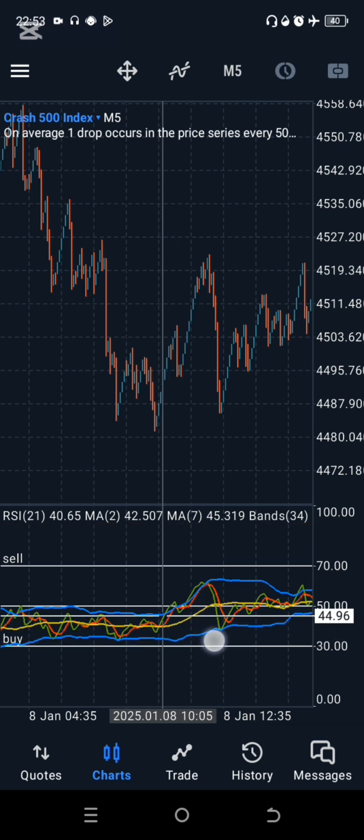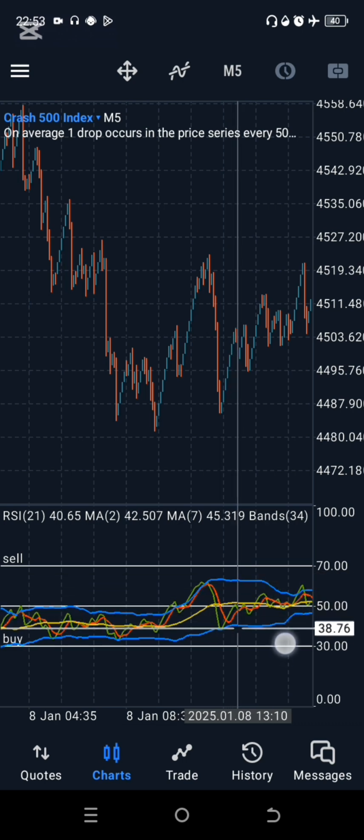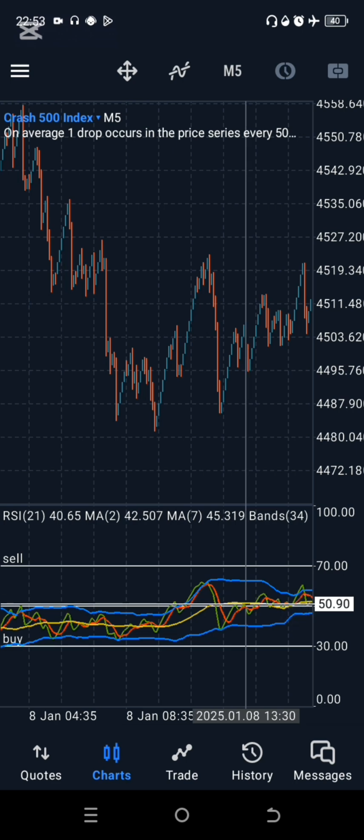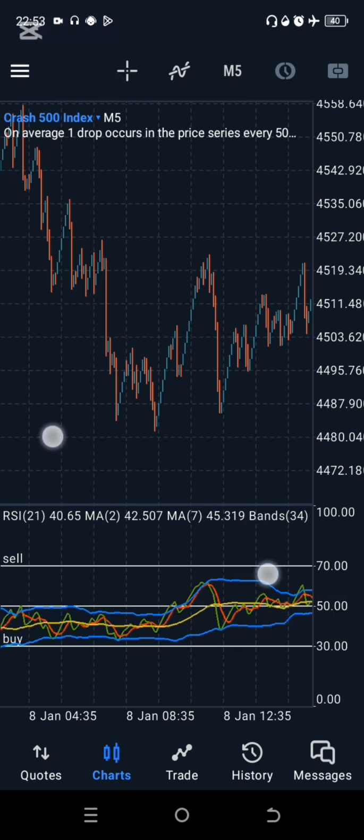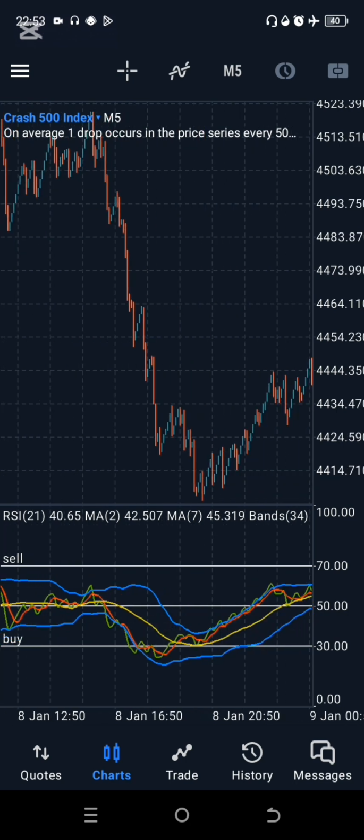Then these Bollinger Bands over here, the upper one, the lower one, and the middle one, we're going to be using as support and resistance for the price line, the green line.